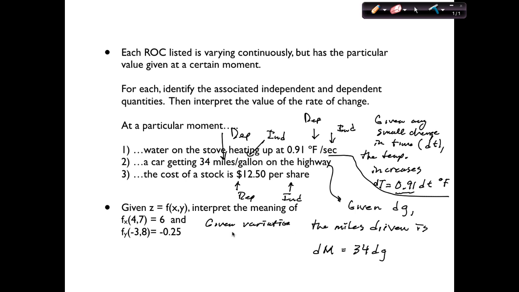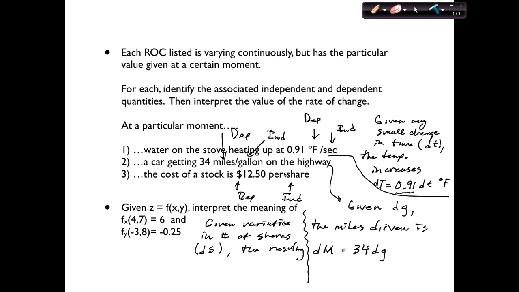Okay, good. Given variation in the number of shares, and you want to call that dS for number of shares. We're given a variation in the number of shares.